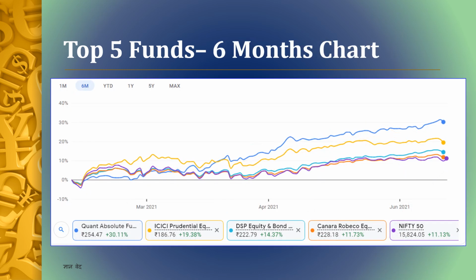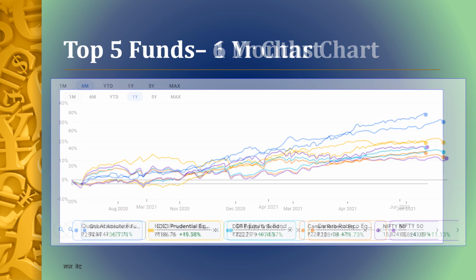Then if we check the 6 months performance, here also roughly all these funds have beaten the Nifty 50 index. Nifty 50 return is showing around 11%, whereas the Quant Absolute Fund has given 30+% returns.